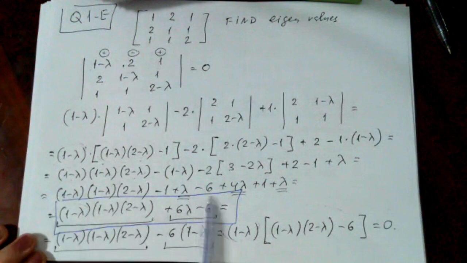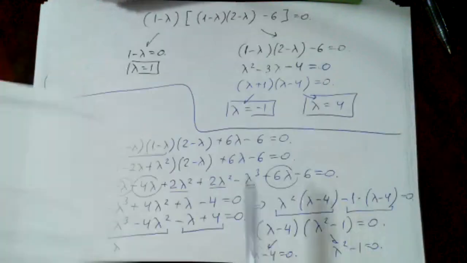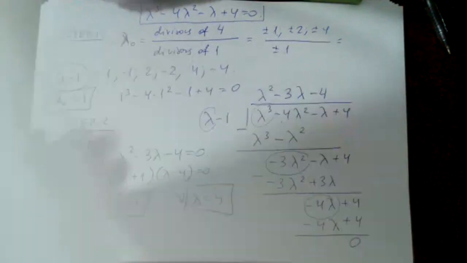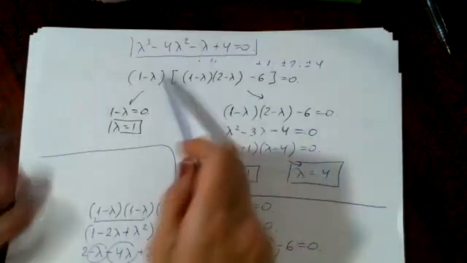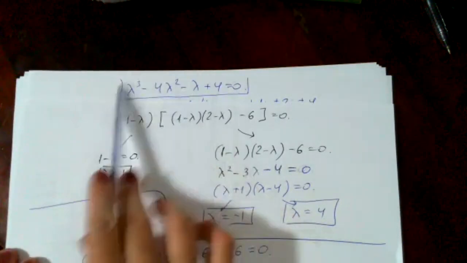If you don't notice anything beautiful about it, just do the whole multiplication, and you will end up having a cubic equation, of course. There are chances that this cubic equation is quite beautiful, and maybe you will be able to factorize it a little bit later on.